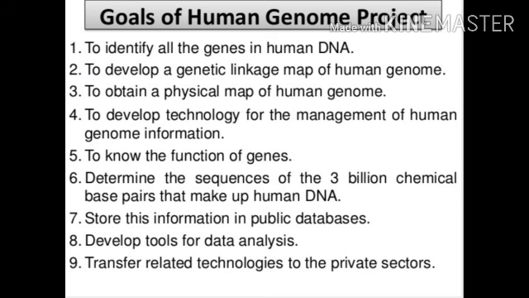Next is to develop technology for the management of human genome information, to know the functions of the genes, and determine the sequence of the 3 billion chemical base pairs that make up human DNA. Seventh, store this information in public databases. Next, develop tools for data analysis. And the last goal is to transfer related technologies to the private sector.